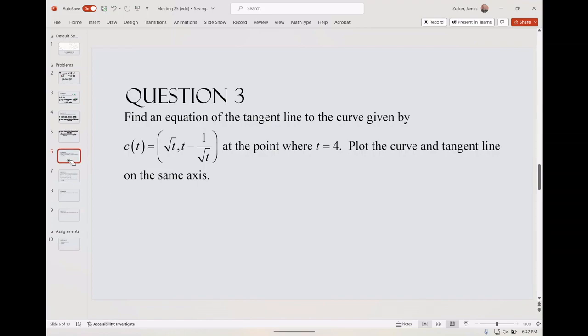Actually, before I do that, what's the equation for a tangent line, do you remember?